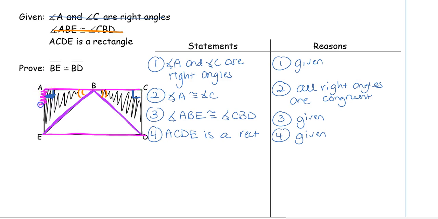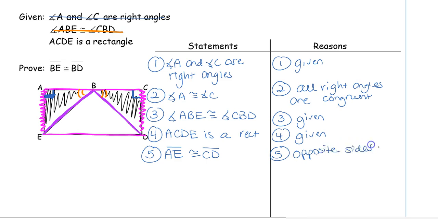But I also know that segment AE is congruent to segment CD because the opposite sides of a rectangle are congruent. So we're going to use those pieces. AE is congruent to CD, and we know that because opposite sides of a rectangle are congruent.